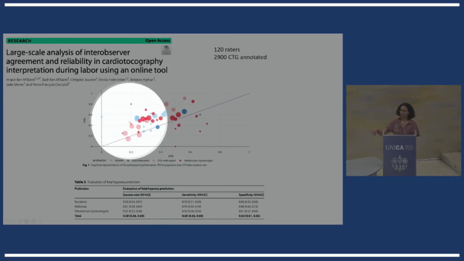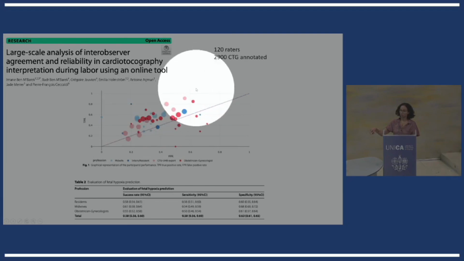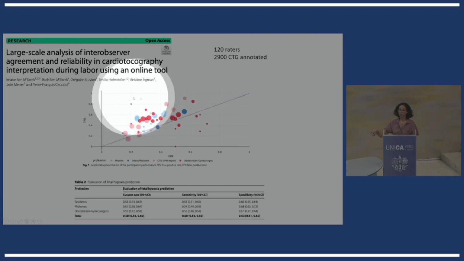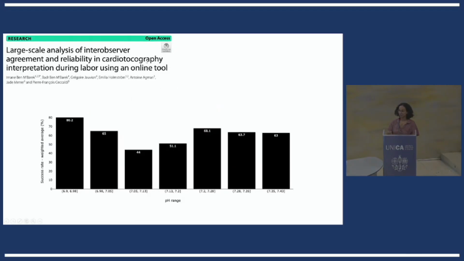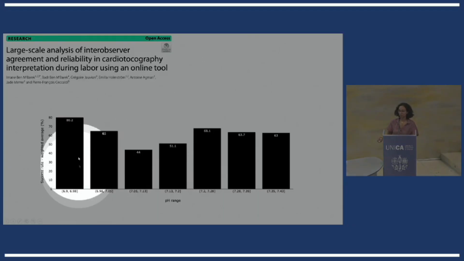And what we noticed is that each point represents one of the different raters of the web tool, and well, everyone is different. What was interesting was to analyze it by the pH range, and we noticed, as was already shown in the literature, that we are very good at predicting fetal hypoxia, and not that bad when it's normal, even if the success rate was around 60%.